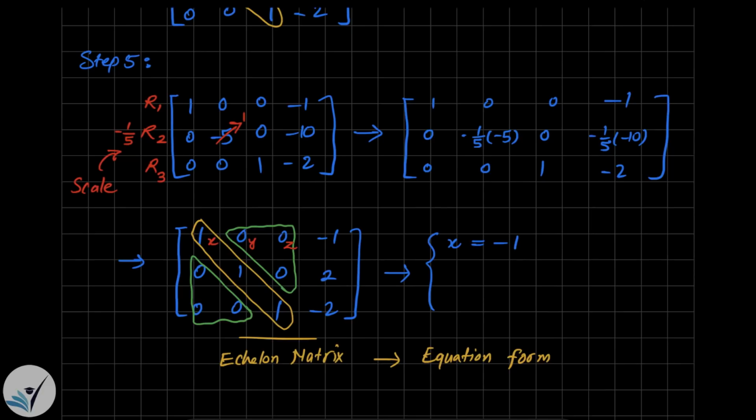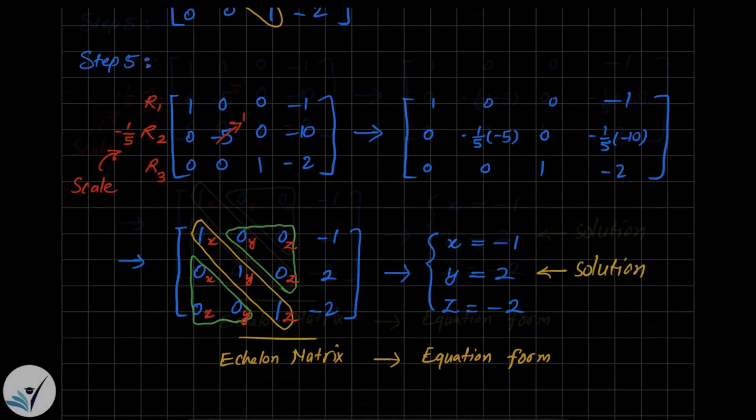And then on the second row we have 0x, 1 times y, and 0z. So y equals 2. And on the third row we have 0x, 0y, and 1 times z. So we have z equal -2. So this is the solution of the system of equation.